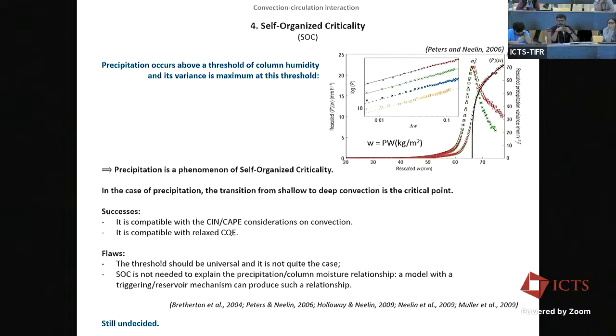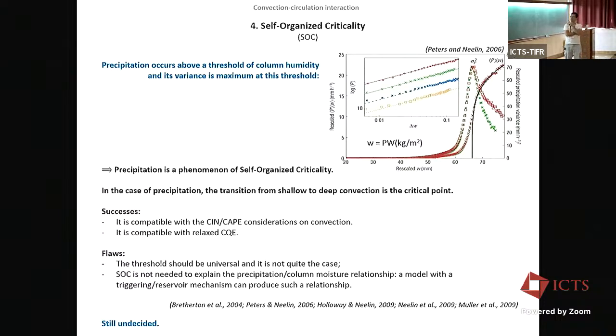Yeah, so I think there's a problem of validity over land. And I think it depends on how convection is fueled, essentially. I think Ole Peters did look at precipitation over Western Europe, and it worked fairly well.